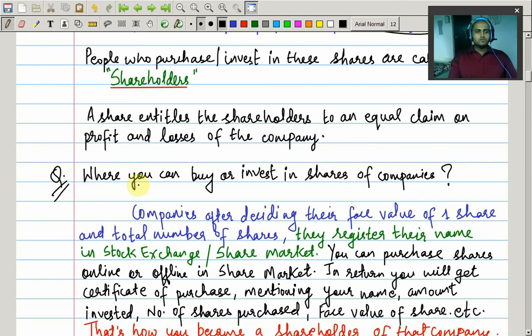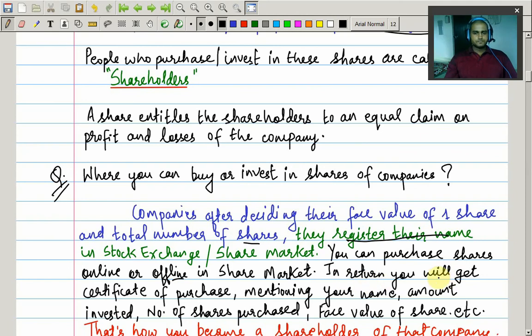Next is where you can buy or invest in shares of a company. Companies decide the face value of one share and the total number of shares. Then they register their name in the stock exchange, or share market. You can purchase shares online or offline in the share market.